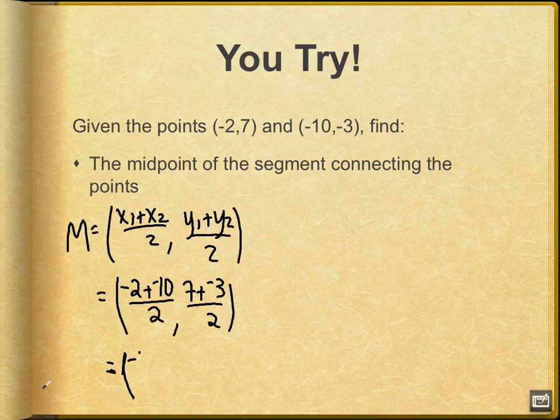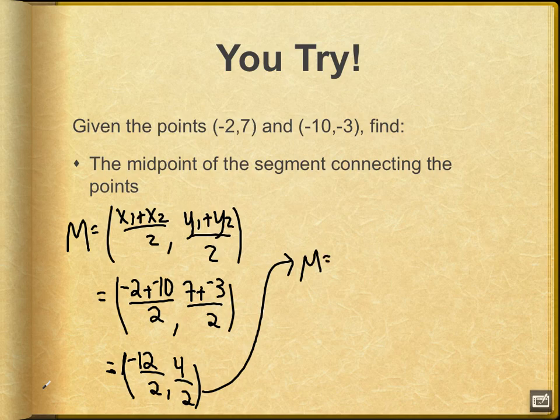Negative 2 add negative 10 is negative 12. 7 add negative 3 is 4. So my midpoint ends up being negative 6, 2. So hopefully you got that one right.